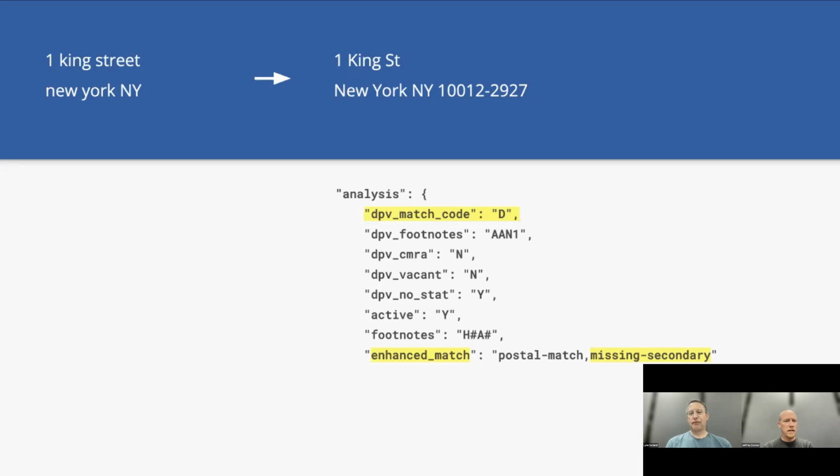Okay, so if I ship a package to 1 King Street, knowing that it doesn't have a secondary because I don't have one, would it still get delivered? That's a question for the USPS. I don't know if you have a solid answer on that one, but really that's up to the U.S. Postal Service. I think it's going to come down to the local mail carrier.